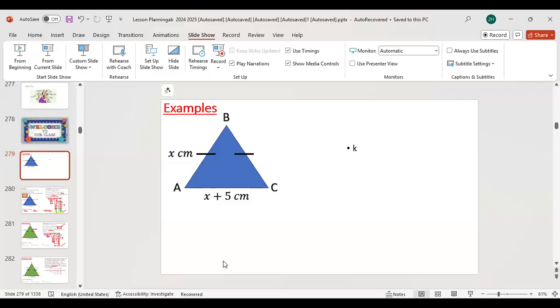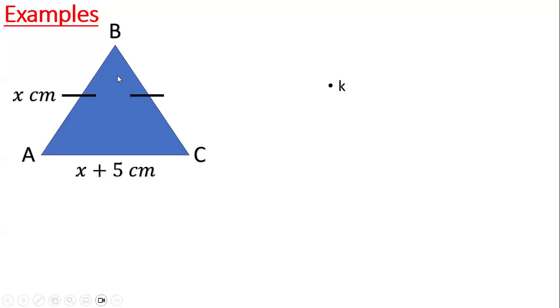Okay, so let's look at the first question. What type of triangle is this? Anyone have an idea? Not equilateral. Isosceles?